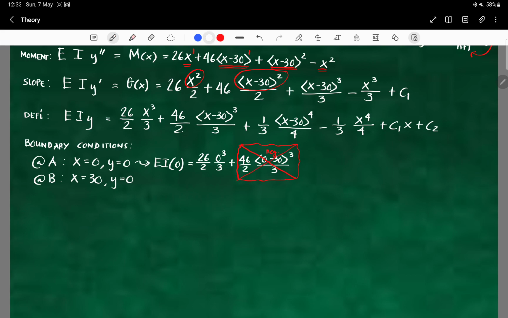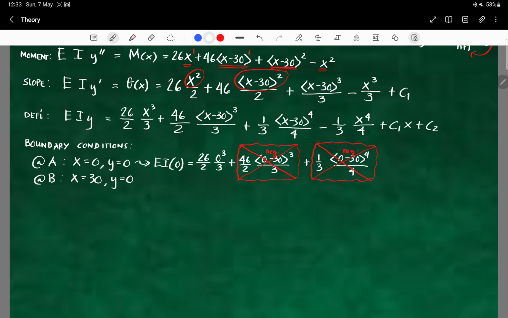Okay? Next. So, plus 1/3 ng 0 minus 30 to the power 4 over 4. Again, itong 0 minus 30, this is a negative value. So, meaning ito lahat is i-disregard. Okay? So, disregard. No?